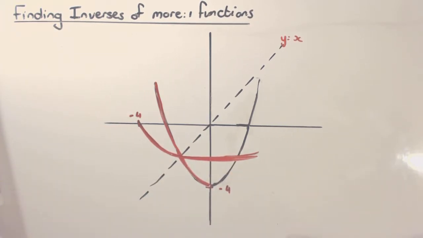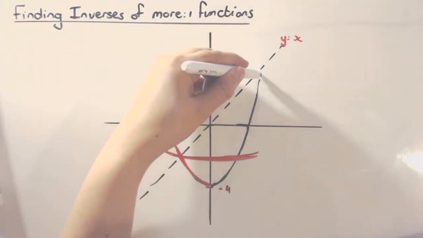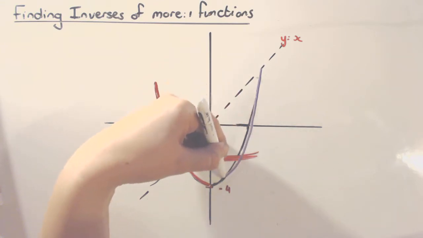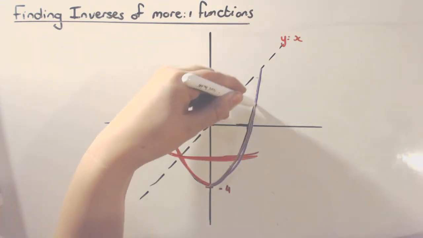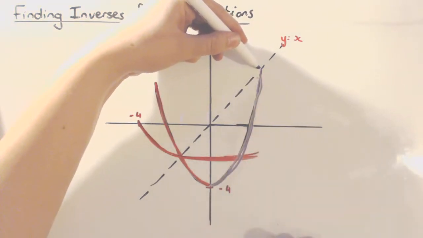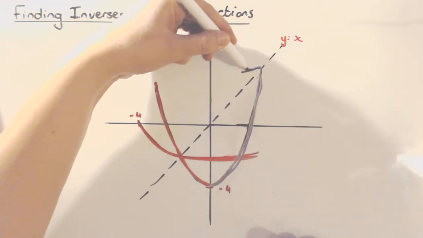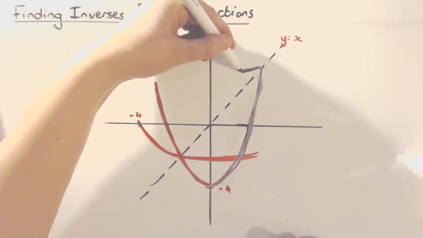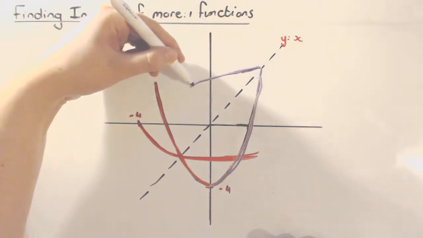And then let me use another color pen. If I reflect this part of the parabola, I'm going to draw it up until that line for now. If I reflect this part of the parabola, it should roughly look like this. Can you see?